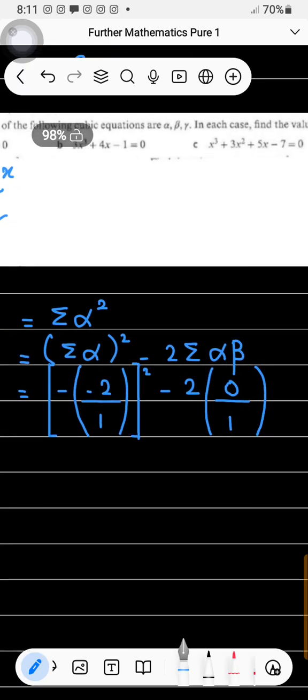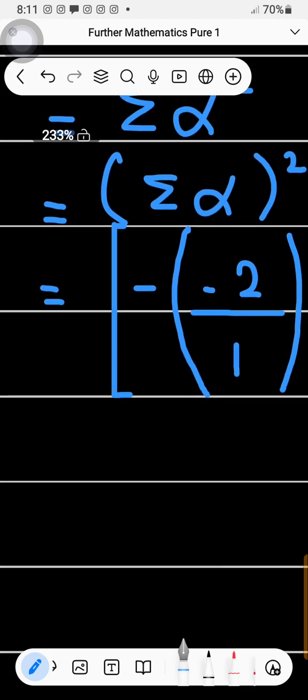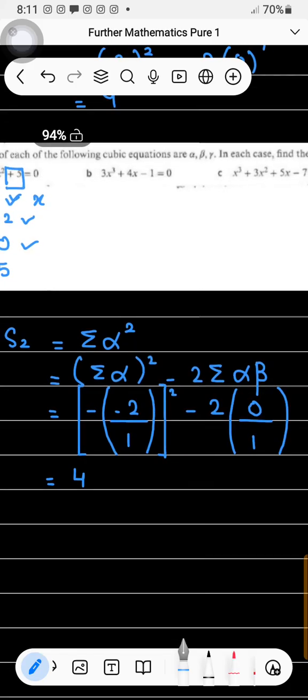Just enter this into the calculator. It will become 4. So 4 is our answer. As this becomes 0, then if we enter the bracket part, we will get 4.